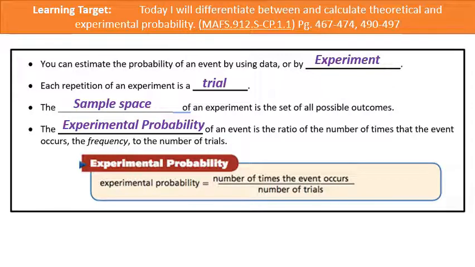It's still thinking about desired outcomes over total outcomes, except that in an experiment, you're doing trials. Okay, so the number of trials is your sample space, the set of all possible outcomes. And the desired is the number of times that the desired event actually did occur.